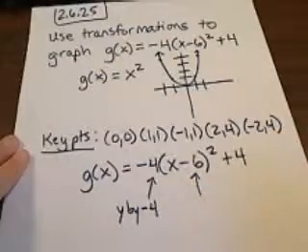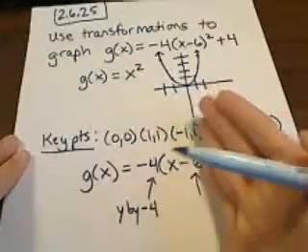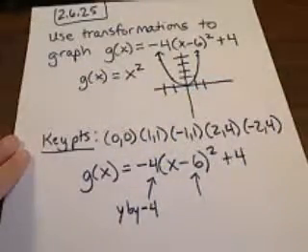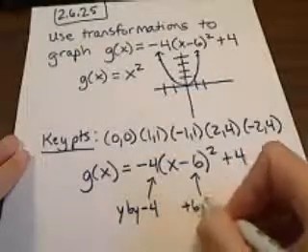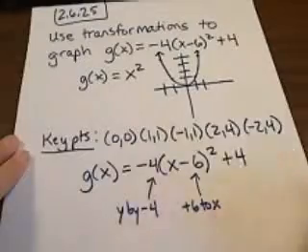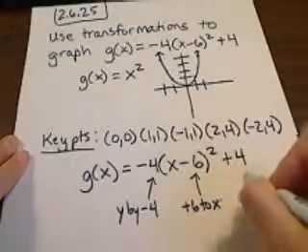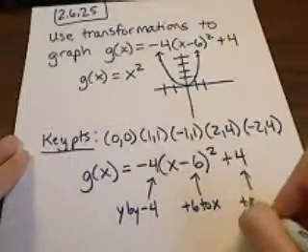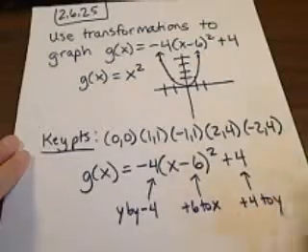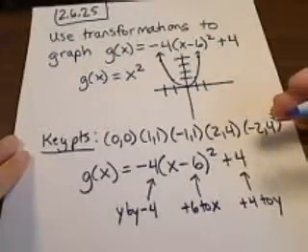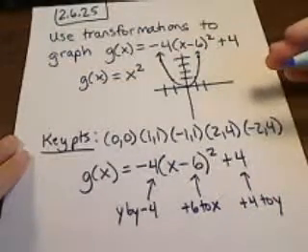This -6 right here is shifting the graph to the right 6 units. And so this is going to be adding 6 units to each of the x coordinates, because if you move right on the graph, you're working with the x coordinate and we'd be adding 6. This +4 is going to be adding 4 to the y coordinates, because that's basically shifting the graph up 4 units.